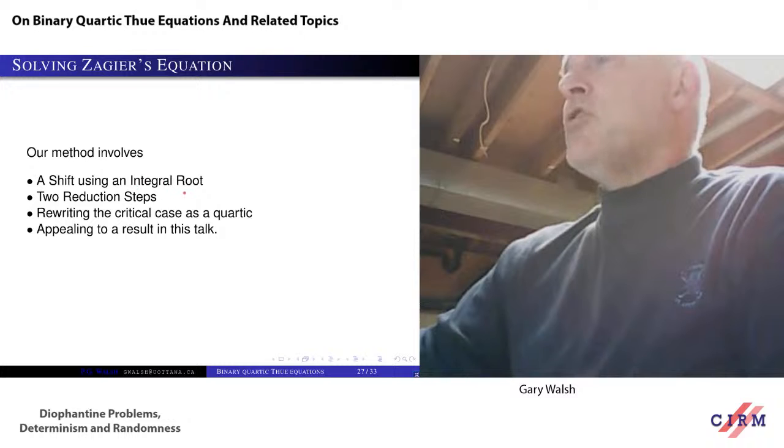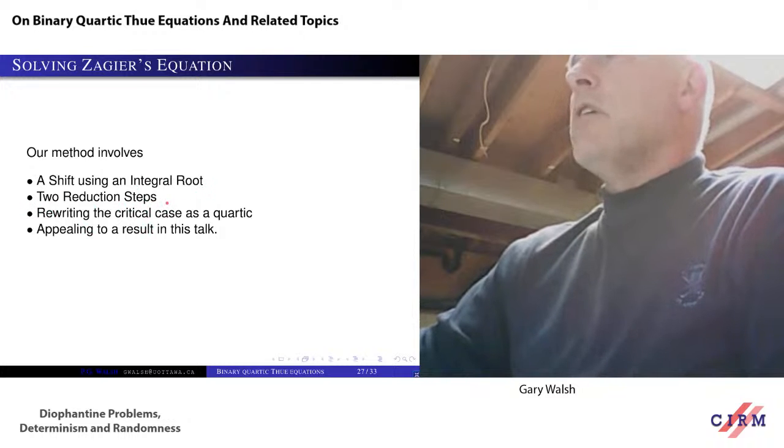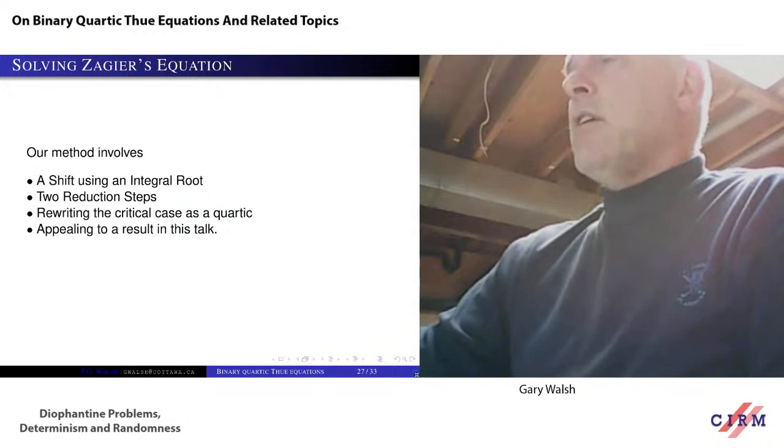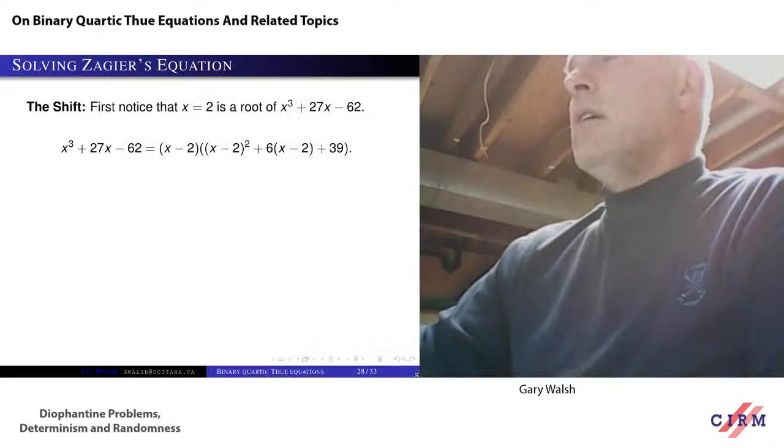First of all, the shift that I talked about earlier, there's a reduction step to a quartic equation. This quartic equation has many cases also, so there's a second reduction step to another quartic equation. And then finally, we can appeal to results that appeared in this talk. So I'll try to do that in 2 minutes.